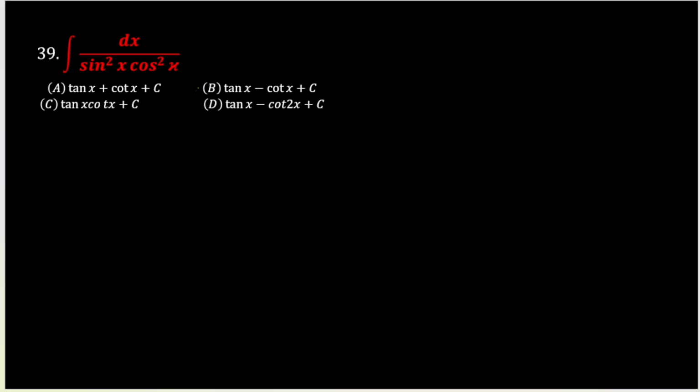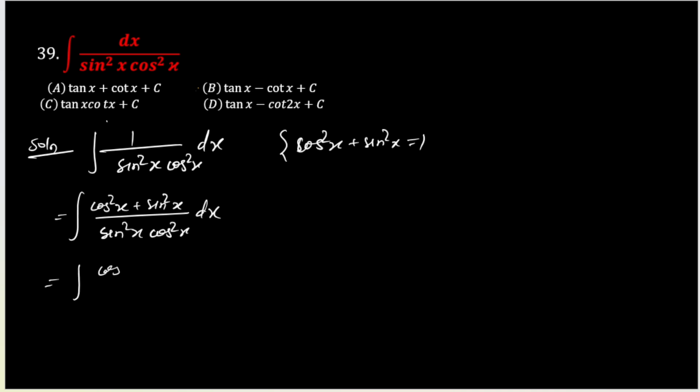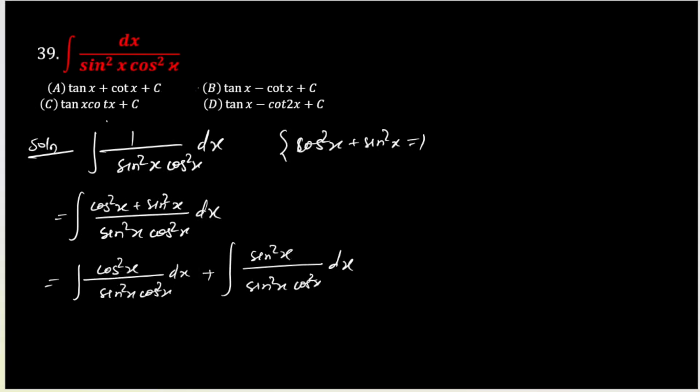Next problem: this problem can be written as the integral of 1 by sin x into cos x dx, and we also know that cos x square plus sin x square is equal to 1, so we write it as cos x square plus sin x square by sin x into cos x into dx, and can write it in partial form: cos x square by sin x cos x dx plus sin x square by sin x cos x dx.